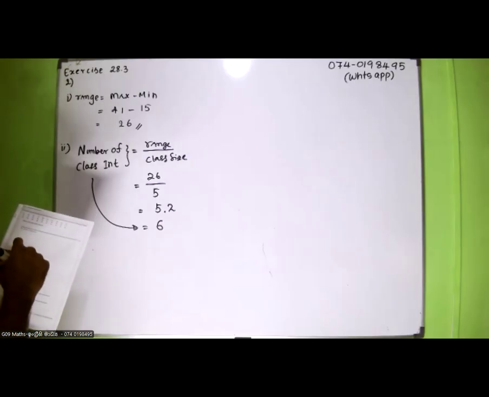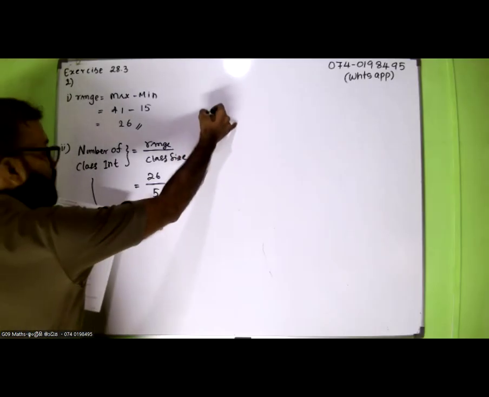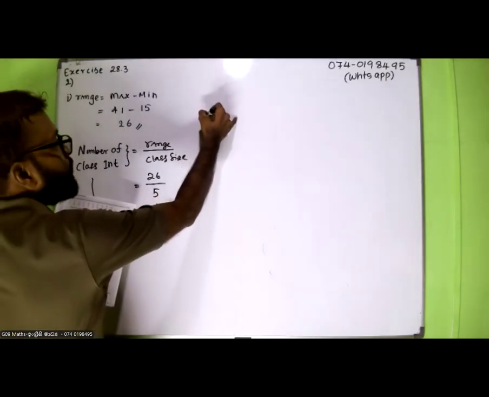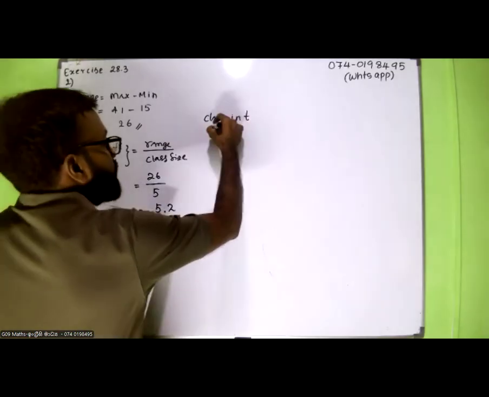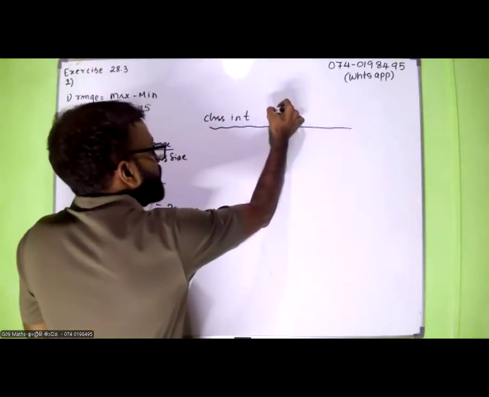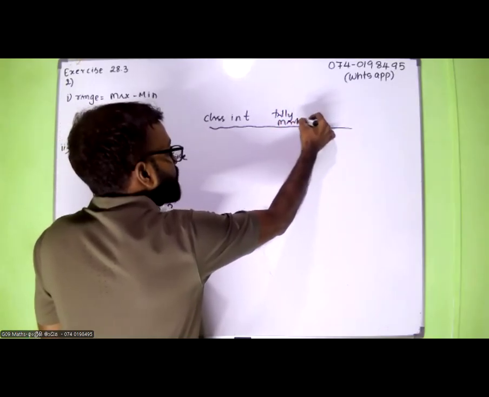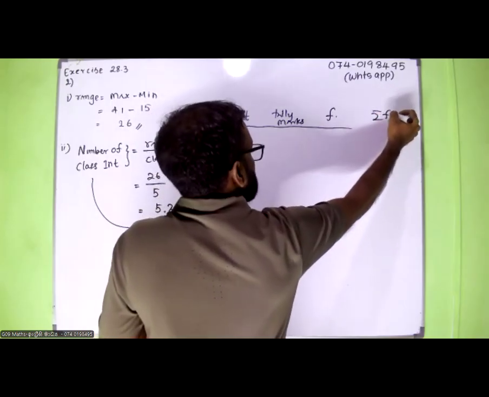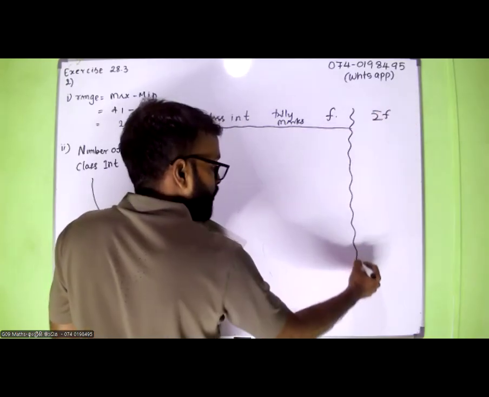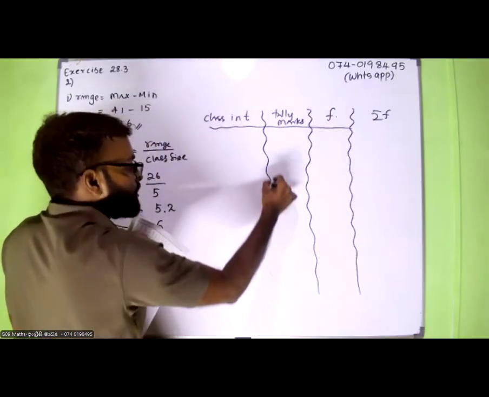Then what you have to do is, first of all, write the class intervals, then tally marks, and then frequency, then sigma f, that is cumulative frequency.